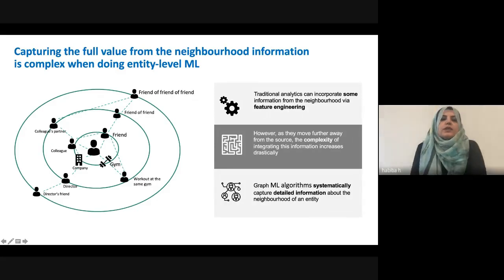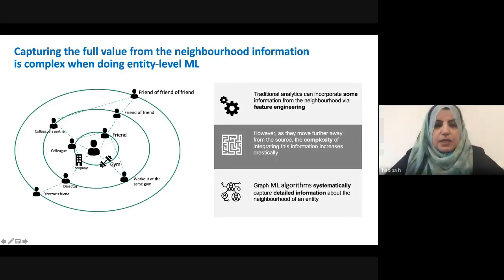And we can keep on going out in these circles, and see that we have various levels of relationships. So having that picture in mind, the question is how do we actually use all of these attributes while we are building a machine learning model?